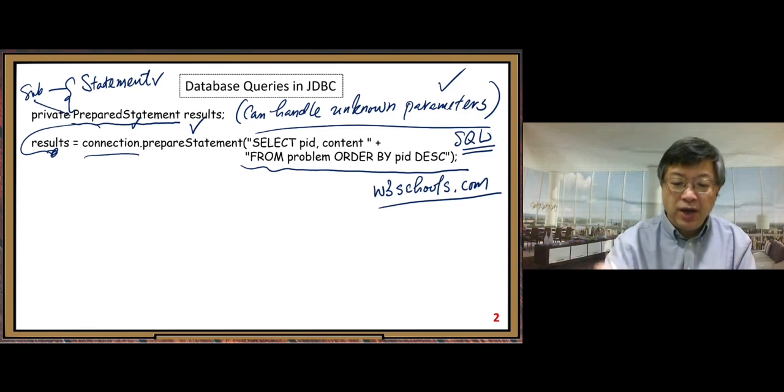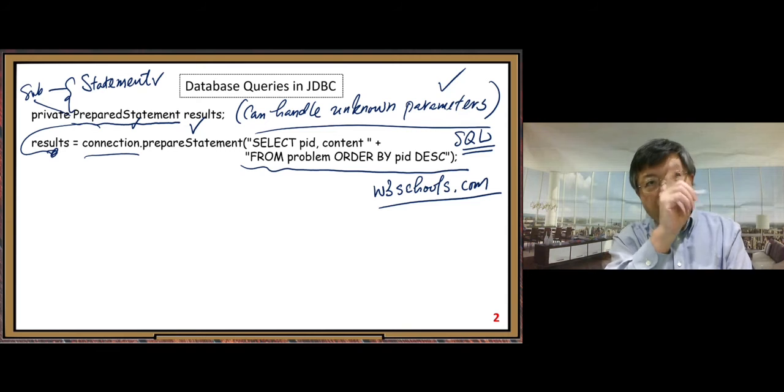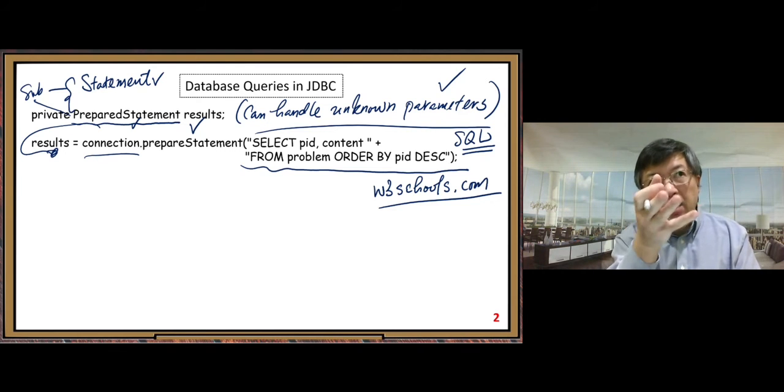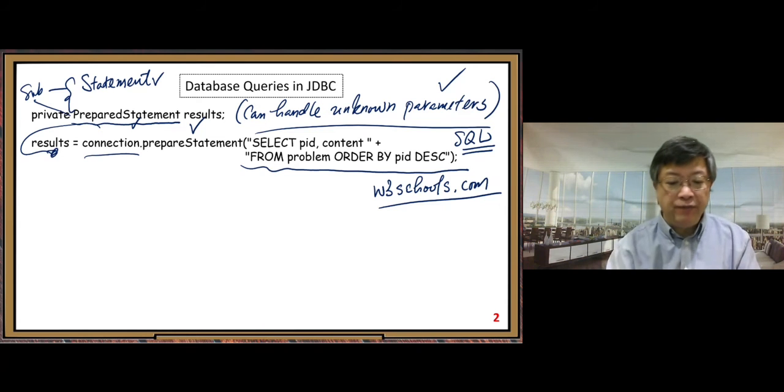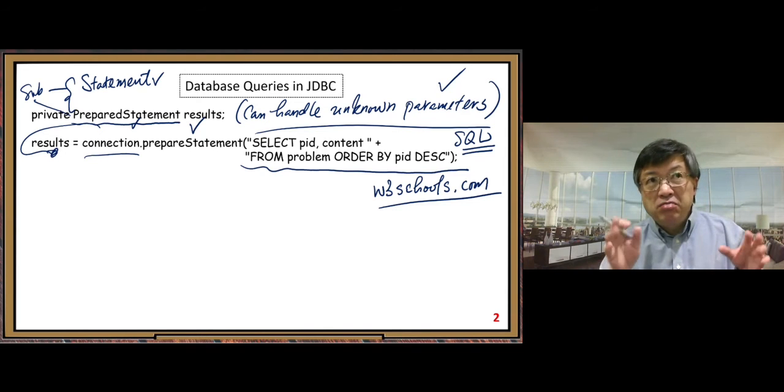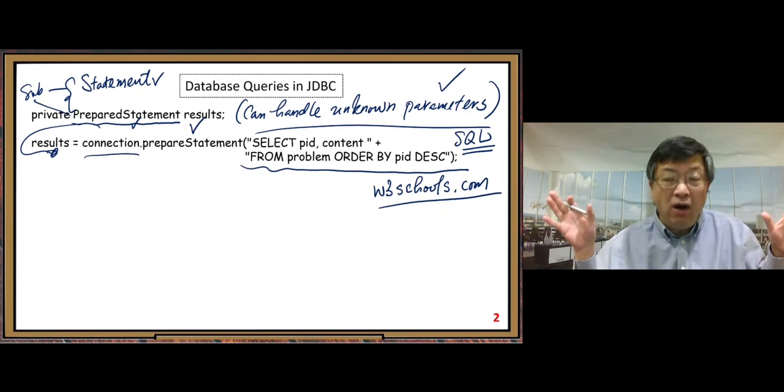All right, there is one thing I want to point out. Later, when you write your own SQL statements, you should be very careful. Some of the SQL statements could be relatively long.